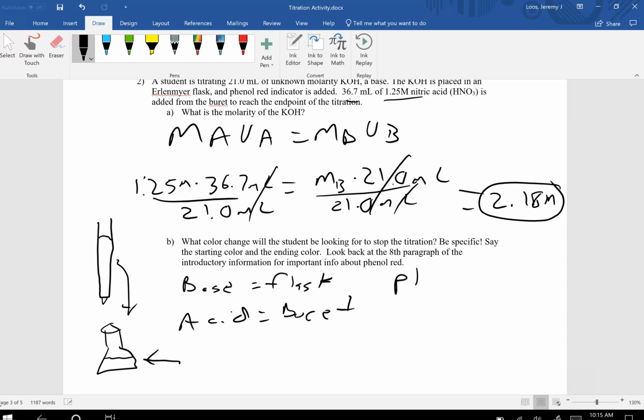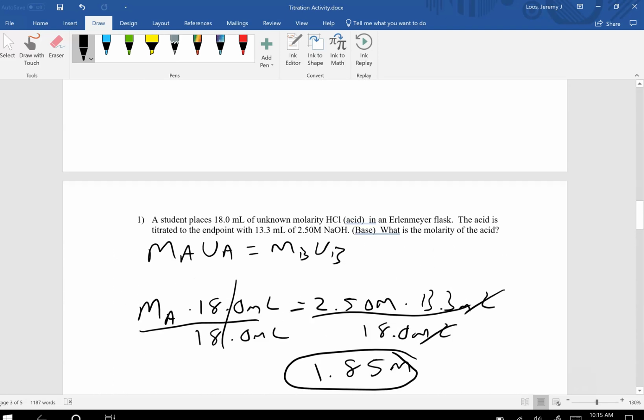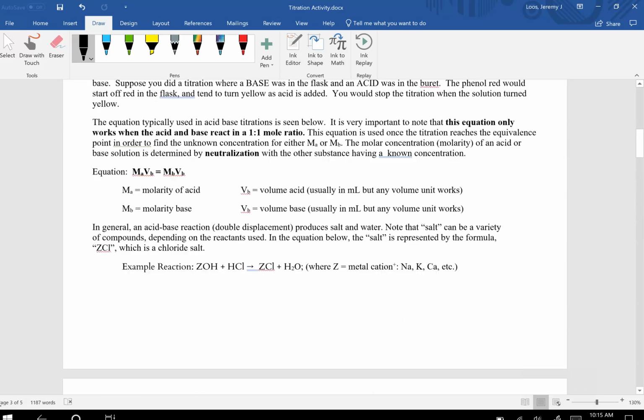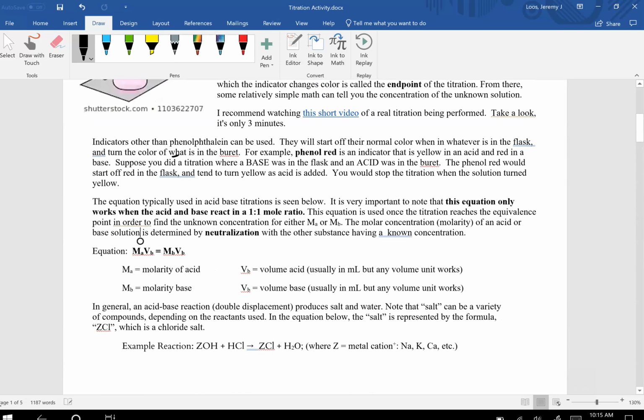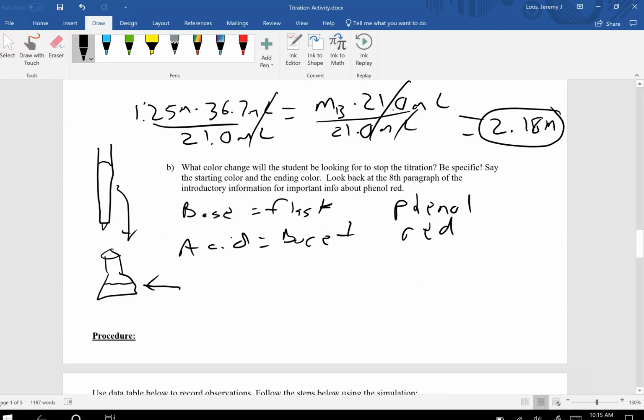Well, let's look back and remind ourselves what phenol red's colors are in each situation. If we scroll back up here, we learn that phenol red is an indicator that is yellow in an acid and red in a base. So yellow in an acid.